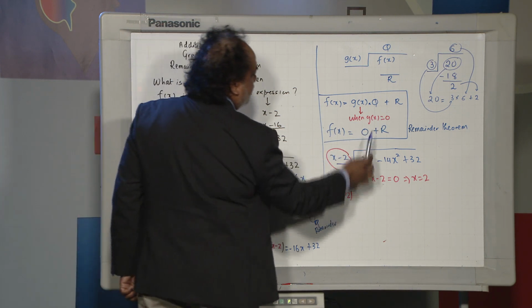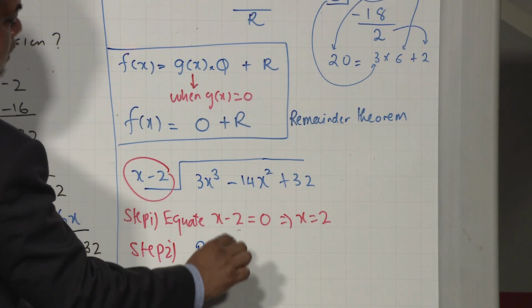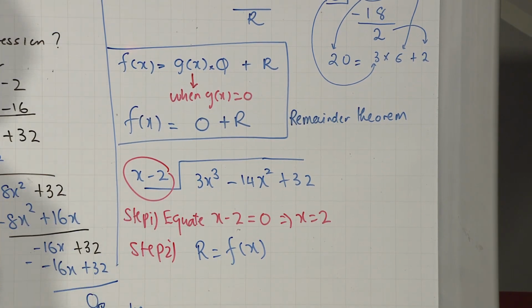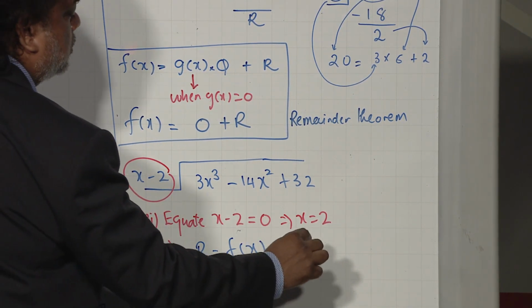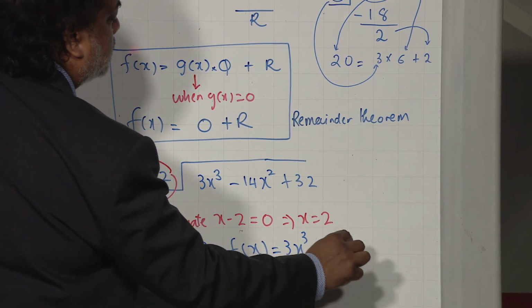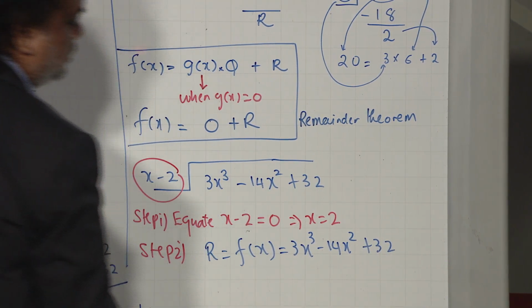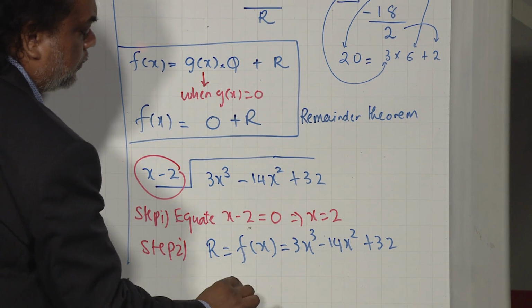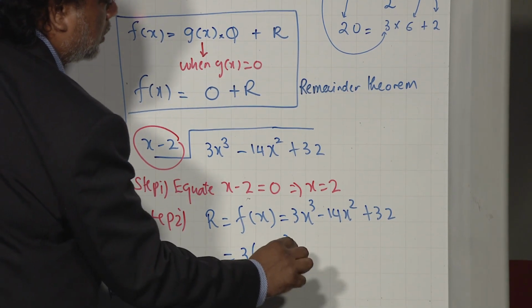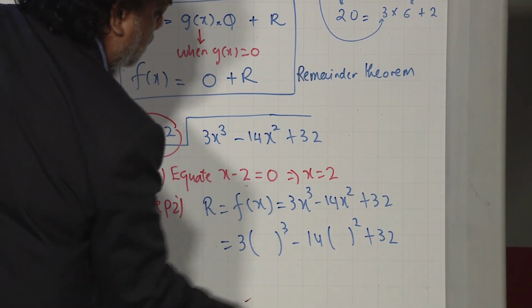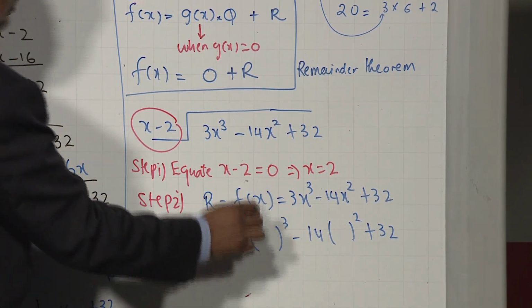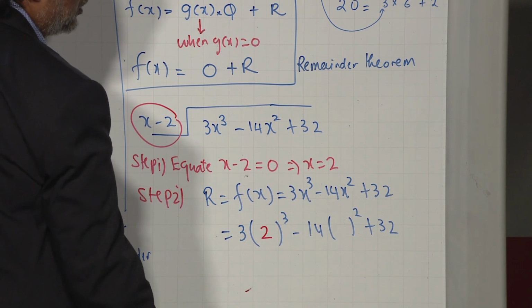What is the remainder here? It is equal to f(x), that is 3x cubed minus 14x squared plus 32. We've now replaced the x by 2.